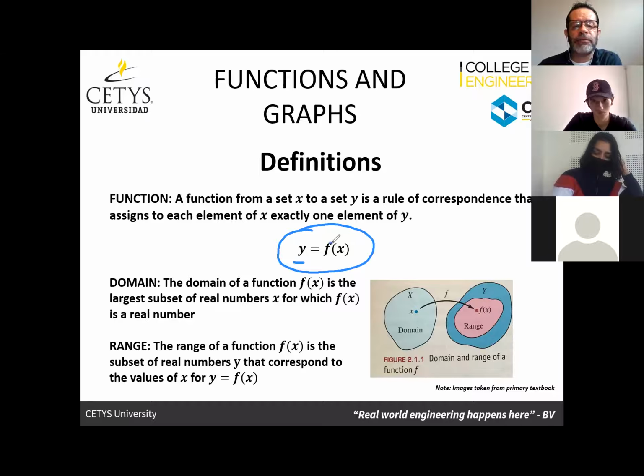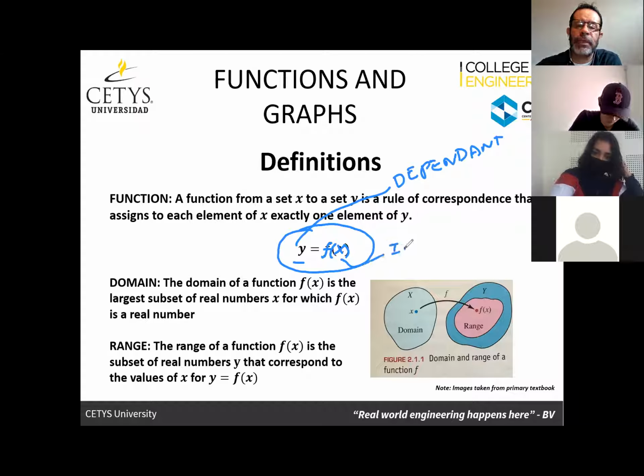Y is a function of X. Y is going to be the dependent variable, and X is going to be the independent variable. So I mean that Y depends on X. And again, for each element of X, there's only going to be one exact element of Y.